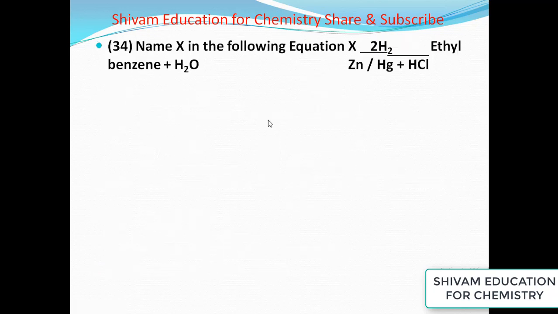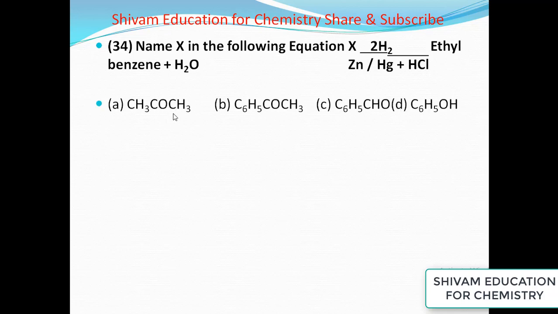Now question number 33. Name the X in following equation. Now X on reduction, it is giving us ethyl benzene. Now for reduction purpose we will use zinc amalgam plus concentrated HCl.